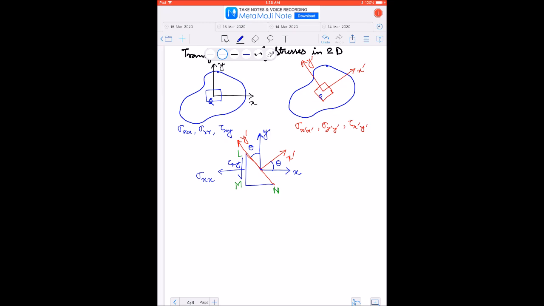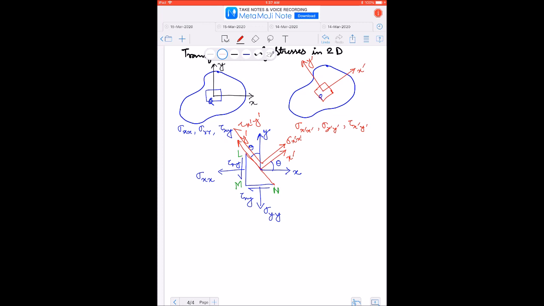Similarly, on the edge MN, the stress components which are going to appear are sigma yy and tau xy, while on the edge LN, the stress components that are going to appear are sigma x dash and tau x dash y dash. All right.